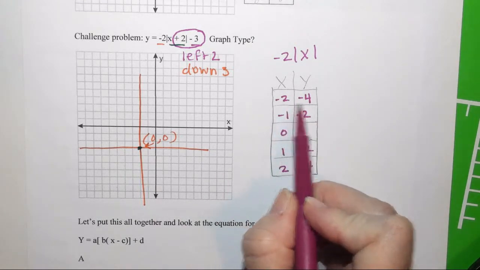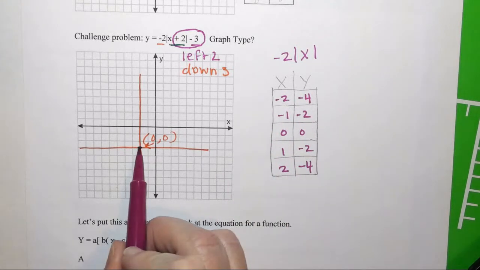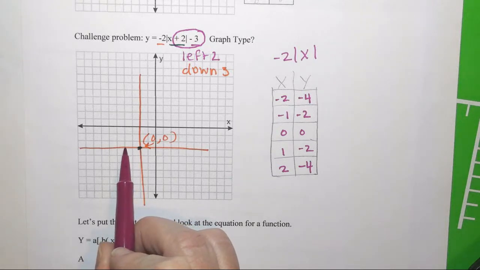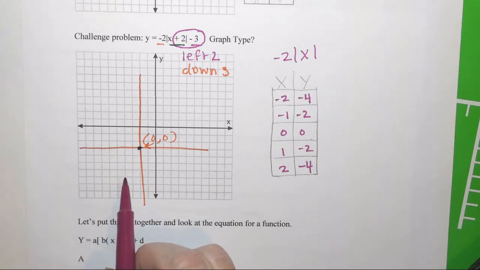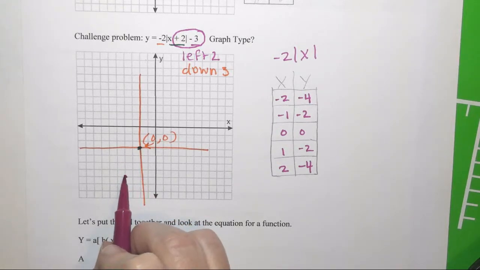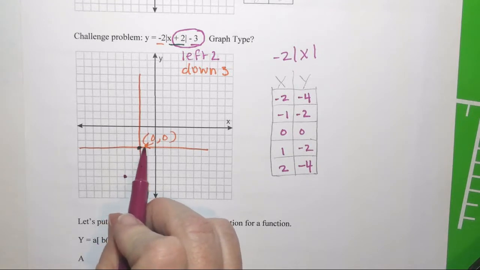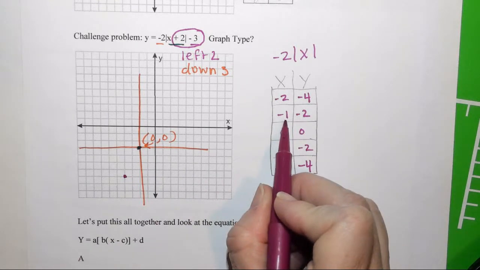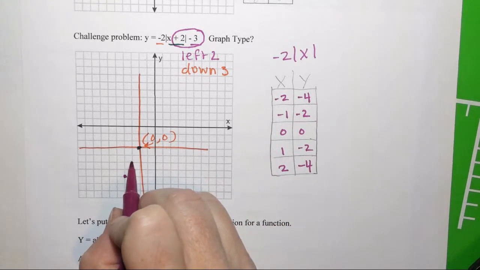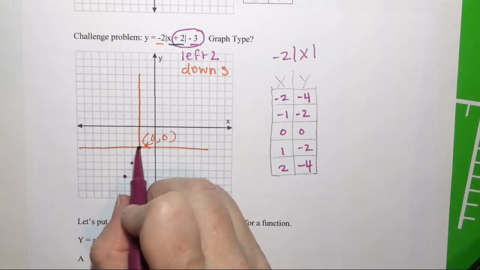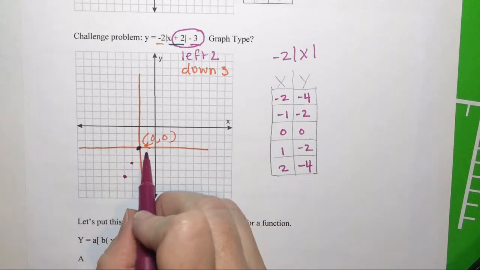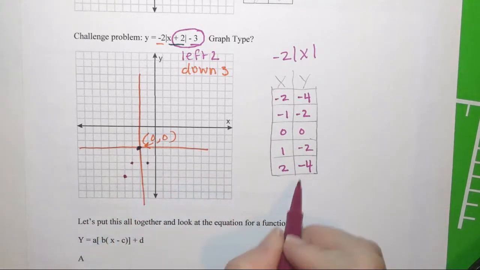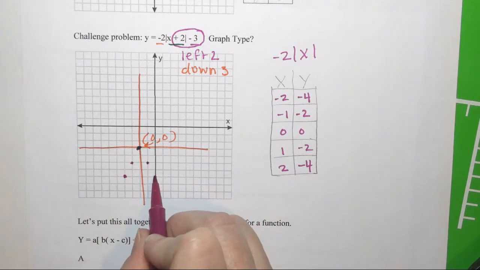So this -2, -4, start here at 0, 0. -2, -4 is over here, because this is our new origin for our absolute value graph. Your next ordered pair is -1, -2, 0, 0, 1, -2, and 2, -4 is here.